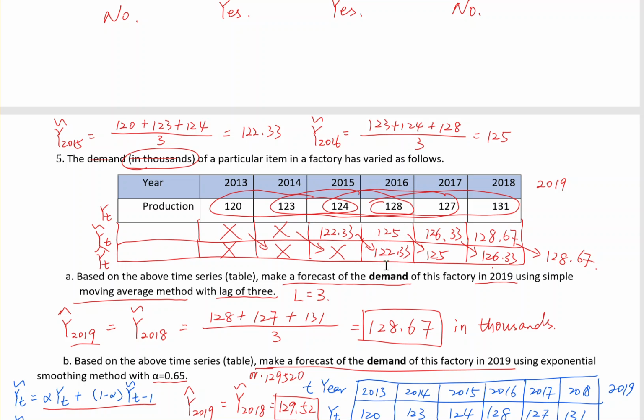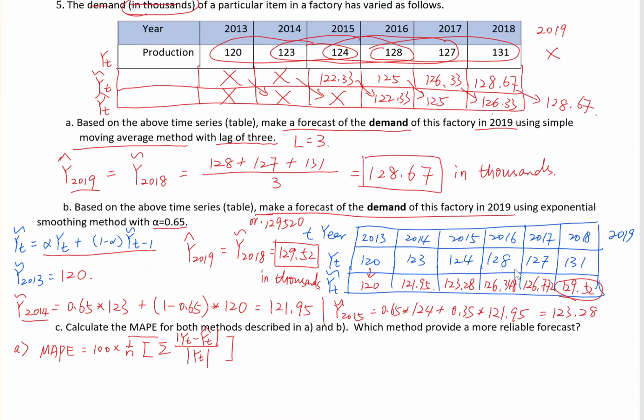This is the first pair. Next, 2017, you have another pair. For 2018, you have another pair. For 2019, do you have the pair? No, because you don't have the observed value for 2019. So we totally have 3 pairs.